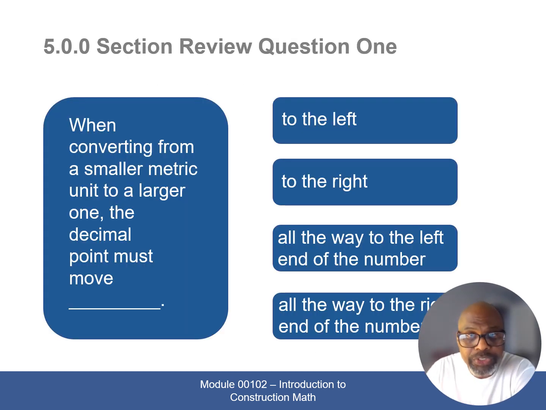Alrighty, let's go through some questions and hopefully read your book. So when converting from a smaller metric unit to a larger one, the decimal point must move to the blank.